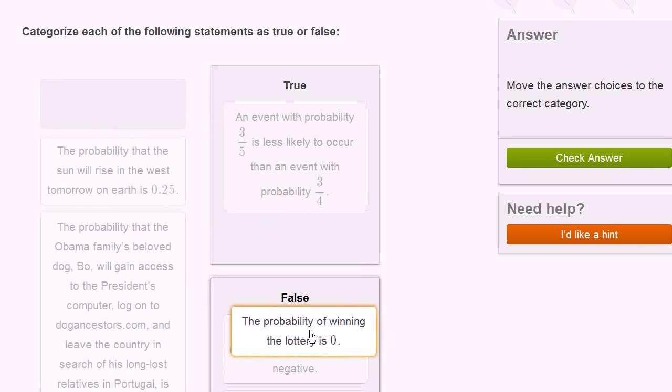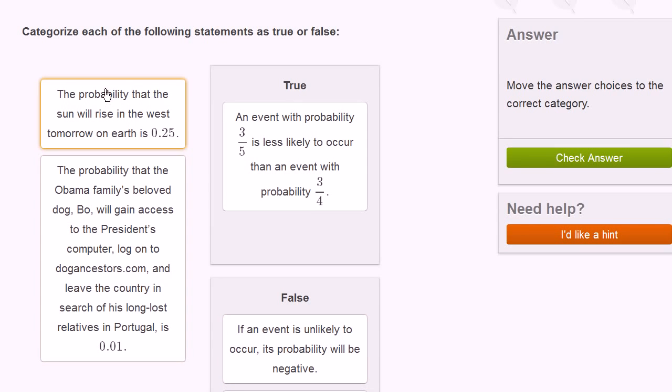So this is false. The probability that the sun will rise in the west tomorrow on Earth is 0.25. So you probably already know, or hopefully know, that the sun rises in the east. And assuming that the Earth continues to rotate in the way that it rotates, it will continue to rise in the east.